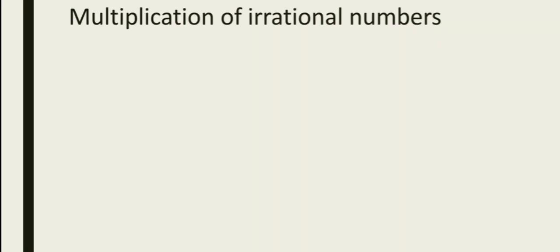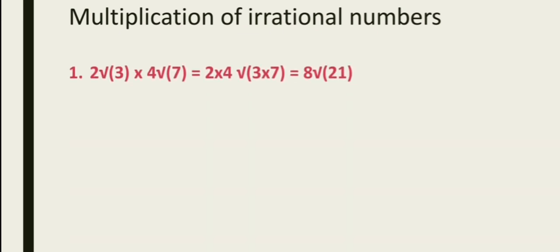Now, multiplication of irrational numbers. How we can multiply the irrational numbers, that we will learn now. Take the first example, 2 root 3 into 4 root 7. When you are doing the multiplication, whether you have the same number inside the root or a different number inside the root, that doesn't matter. If you have the same number inside the root, you can do the multiplication.